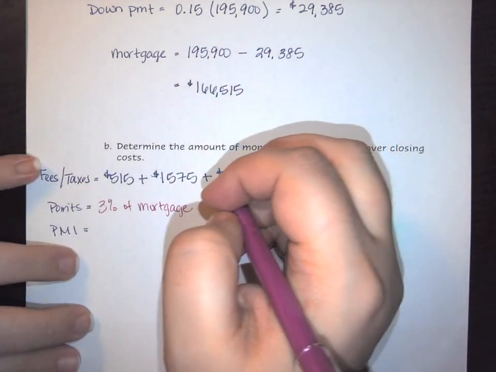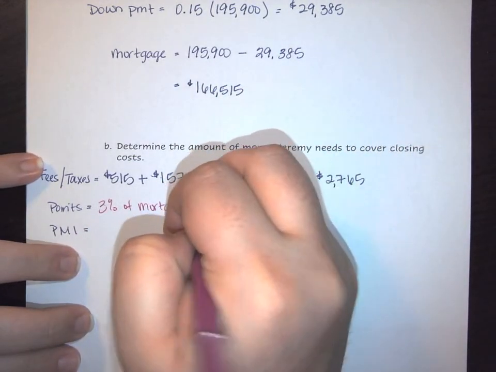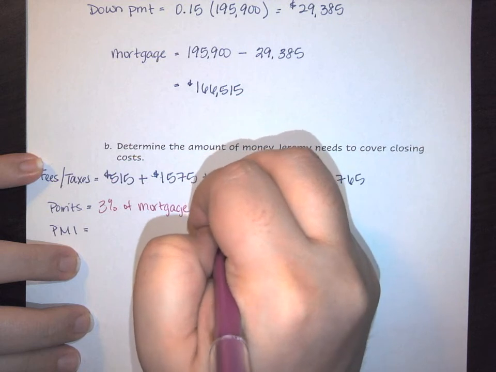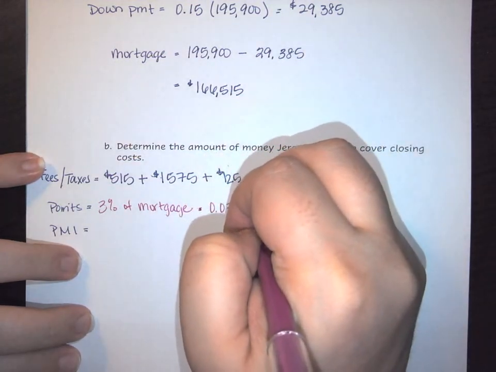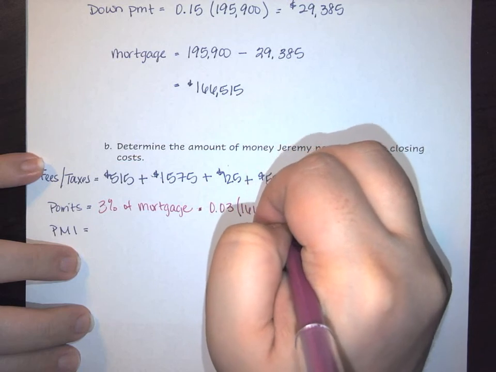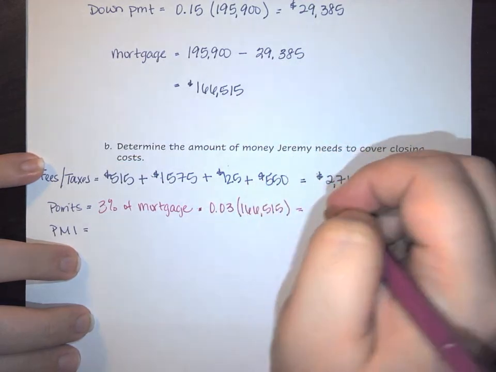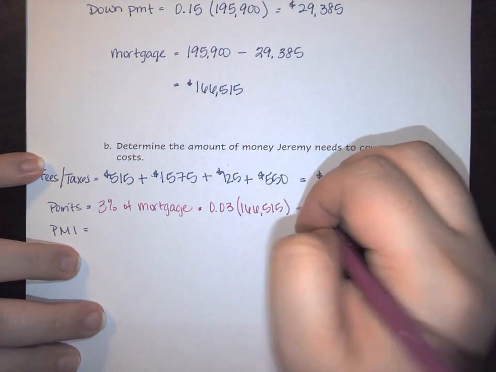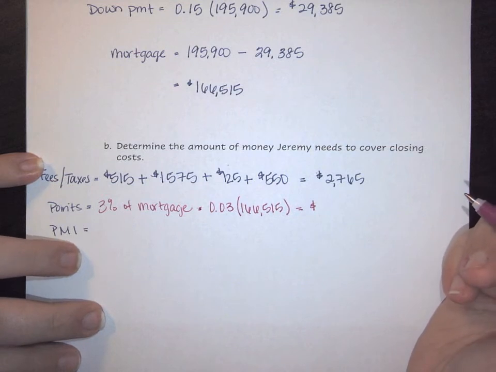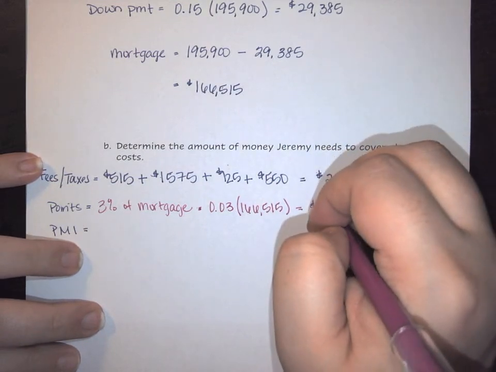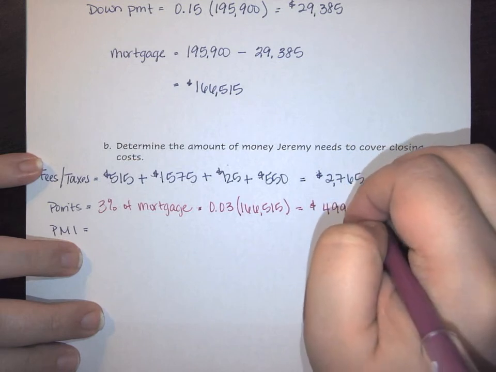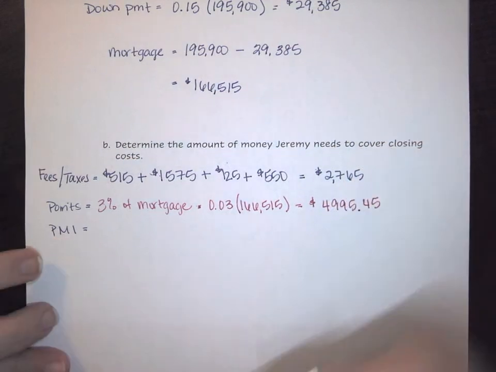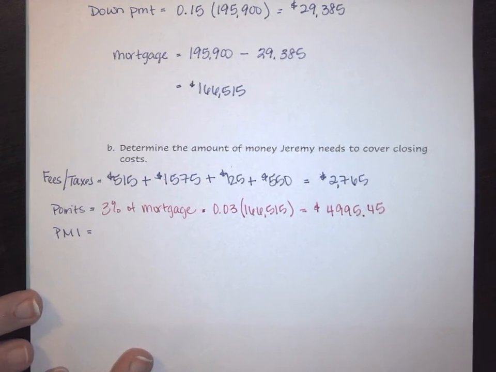So here, what this is going to be is we're going to do 3%, so this is 0.03 times your mortgage, $166,515, and that is going to give you your points, how much you're paying. And so this is going to be $4,995.45. So that is the total that you're paying for your points.